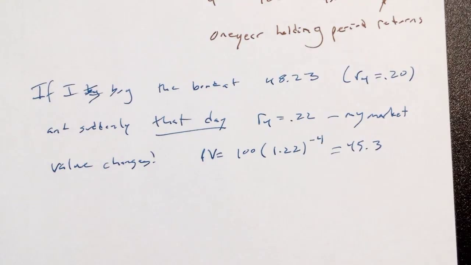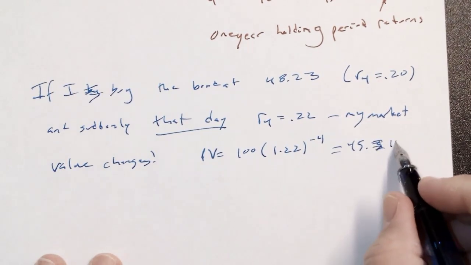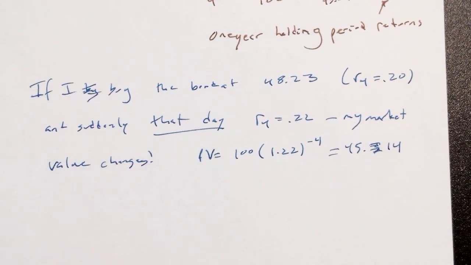A little under 3. 48.23 to 45.3. Did I not write down what? 14. Sorry, I overpaid. Okay. I overpaid by a little more than 3.